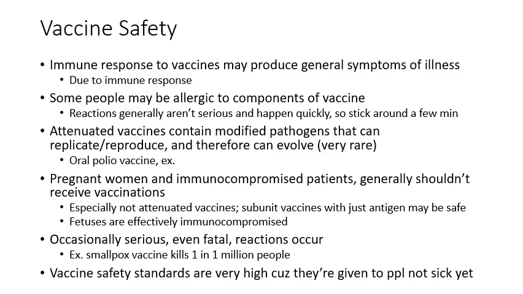So you have to weigh the chances that they would get sick, and the possible consequences of them being sick, versus the possible side effects of the vaccine. So the bar for vaccine safety is set a lot higher than it is for different kinds of medications.